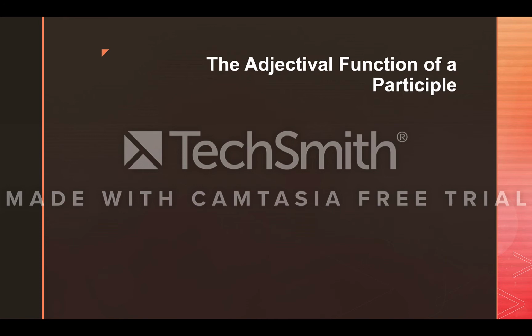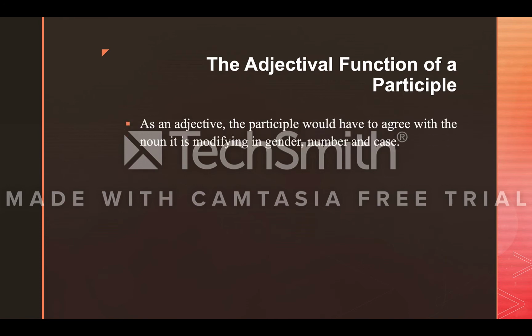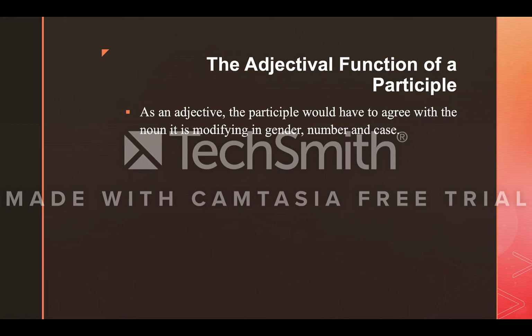Now, today we are going to begin by looking at the adjectival function of a participle. As an adjective, the participle will have to agree with the noun it is modifying in gender, in number, and in case. Remember that every noun has gender, every noun has number, and every noun has a case with which it is functioning.